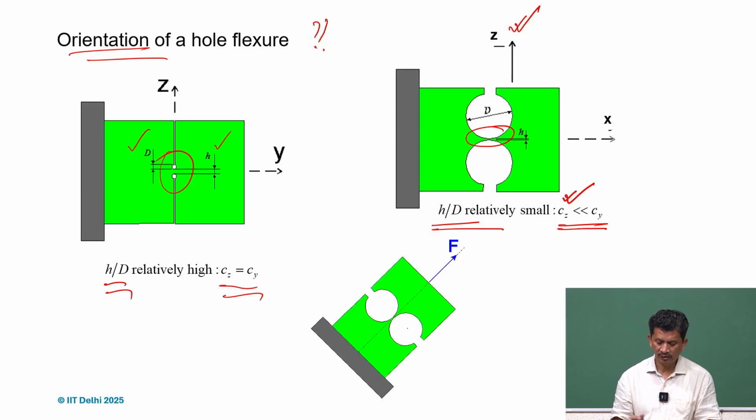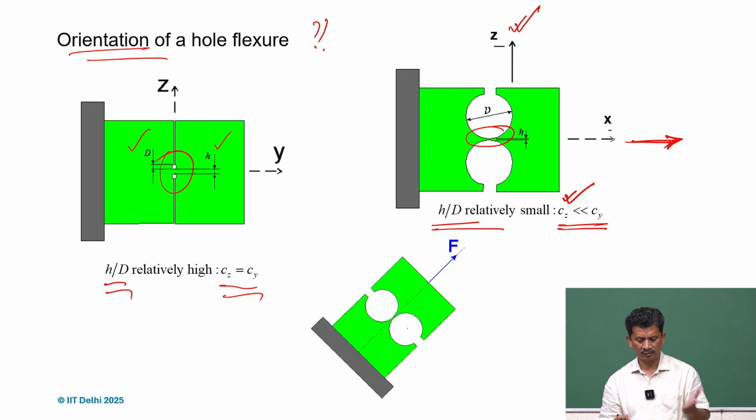Of course, this can be used if we know that the predominant force is along this direction, right? It's very similar to the beam flexures we covered earlier. So if it's long, then we have to be careful. Similar approach: if we know the direction of the force acting on it, we can align this hinge along that.